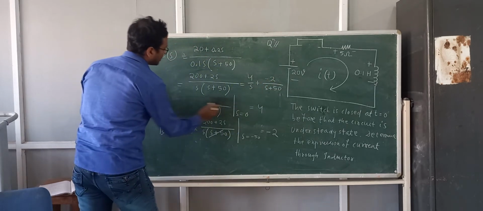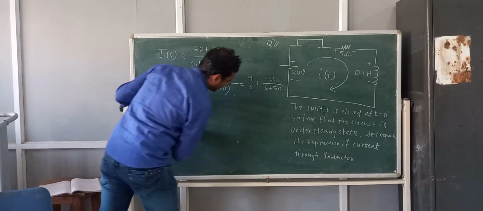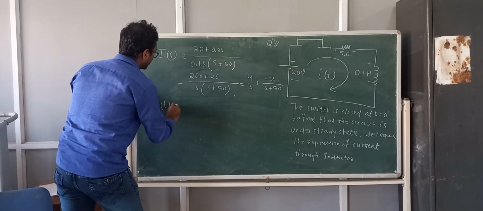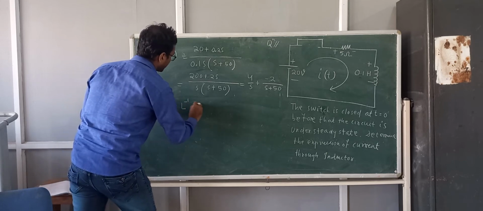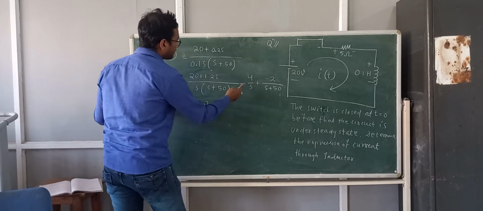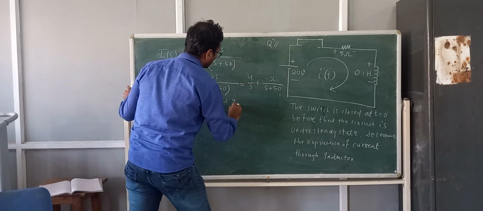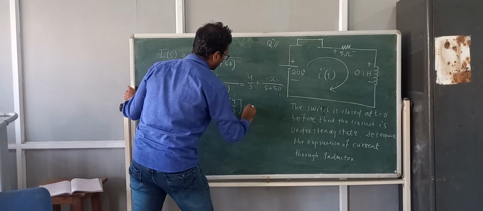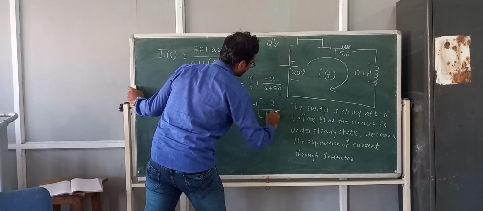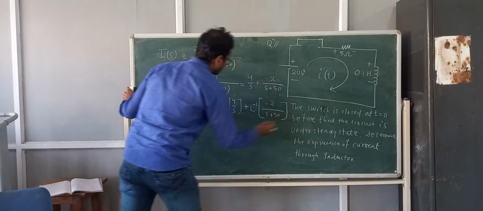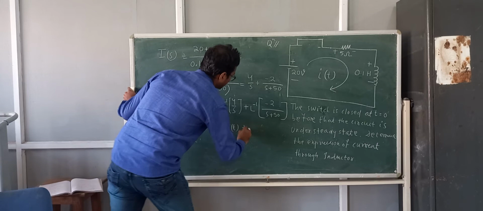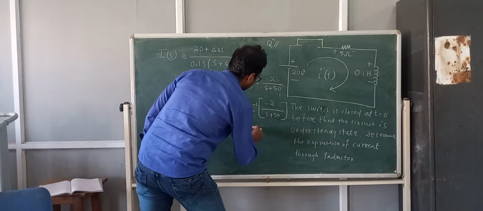Here we have to write down what is i(t). What is i(t) here? Laplace inverse of Is. So what is Is? Laplace inverse of 4 by s plus Laplace inverse of minus 2 divided by s plus 50. What is the Laplace inverse of 4 by s? 4 into u(t). What is the Laplace inverse of minus 2 divided by s plus 50?